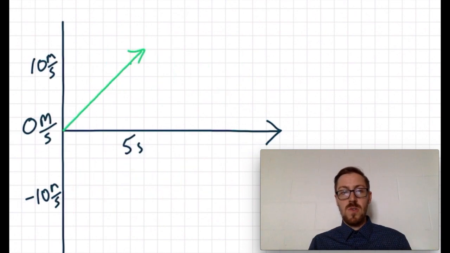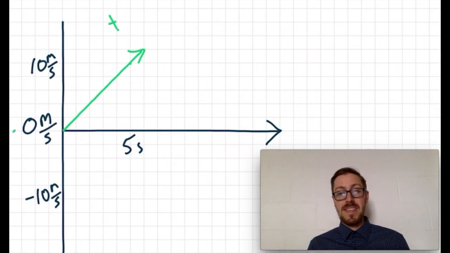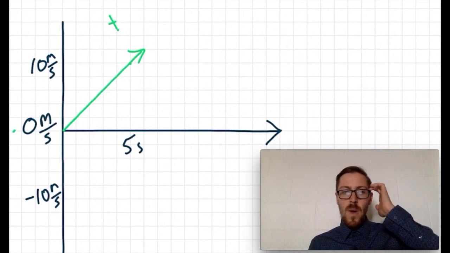What this graph shows us, since it's in the positive half of the graph, is that it's going away from the observer. And since it's getting further and further from this zero here, that means it's gaining speed. So this graph starts at 0 meters per second, which means stopped, and then it gains speed away from the observer.